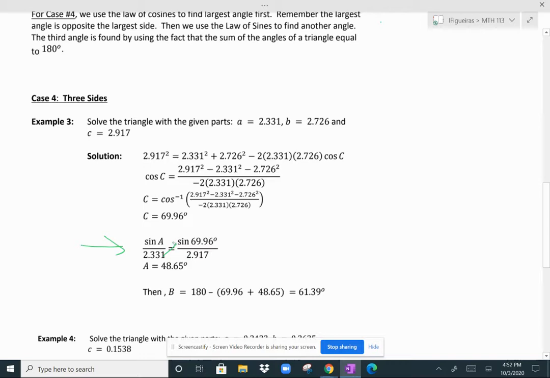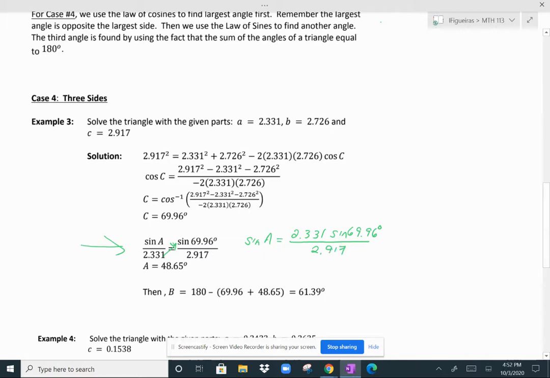So this is what we talked about in lesson 6.5. To get sine of A alone, you will have sine of A is equal to 2.331 times the sine of 69.96 degrees divided by 2.917.